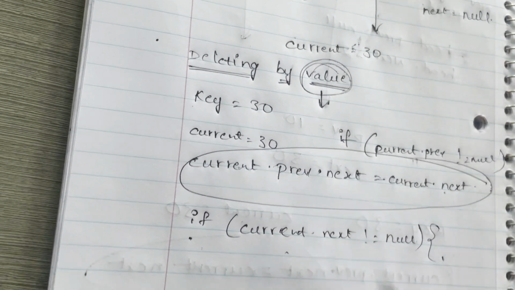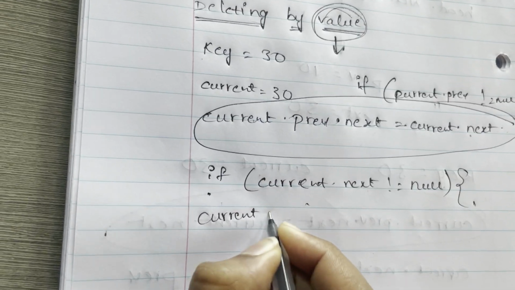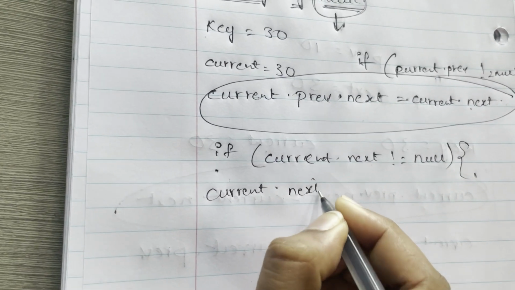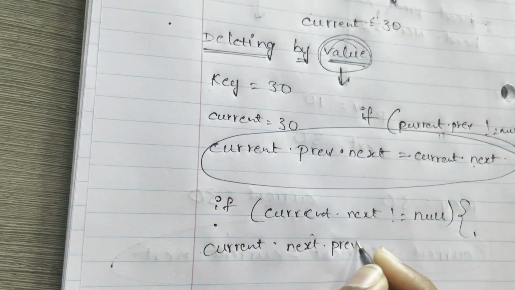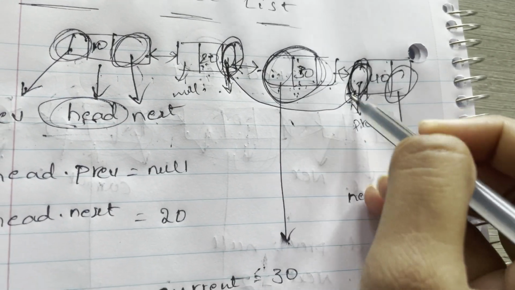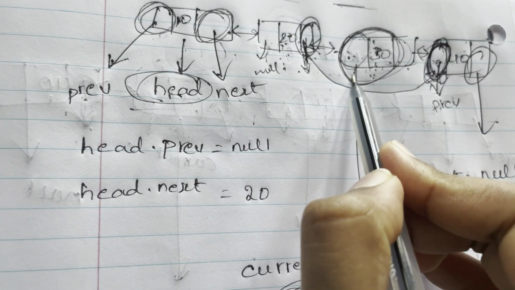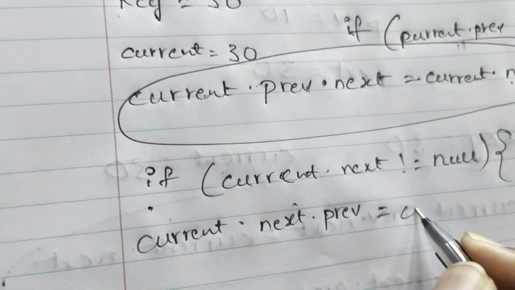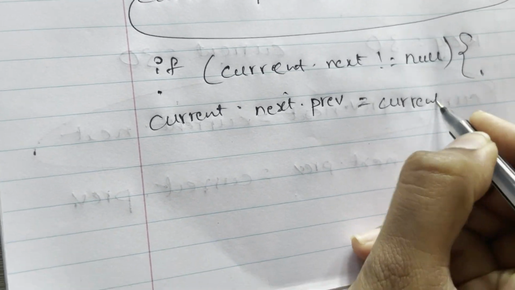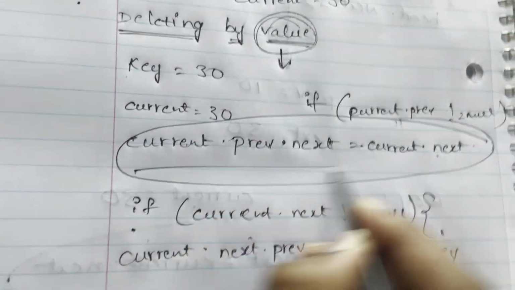If this is the case, then we will do current dot next dot previous. That means we are setting this link to current dot previous. Just the reverse of this.